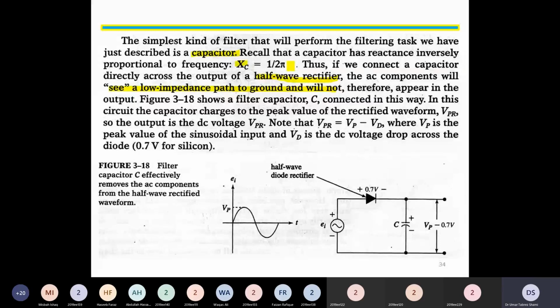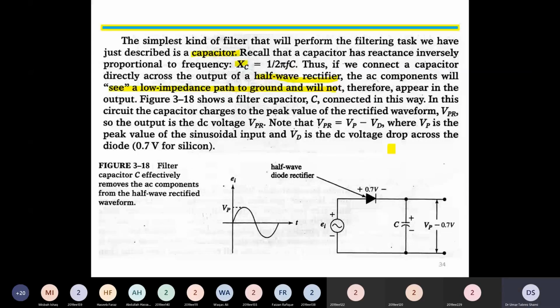So the larger the frequency, the smaller will be the impedance faced by that signal, and therefore large frequencies will pass through the capacitor.